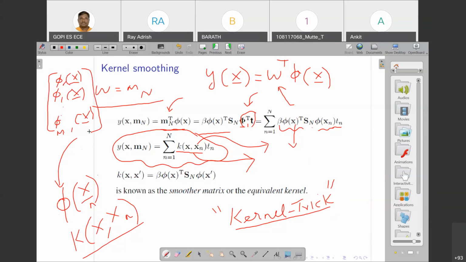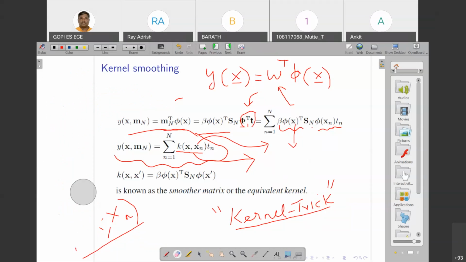In practical applications, we use a very big set of basis functions, like hundreds, and the computation becomes complicated, right? So now you are replacing those with the kernel function, and the kernel function is very simple, and it is enough to tune the parameter of this kernel function to do this task, right? This technique is what we call kernel smoothing of the linear regression, right?